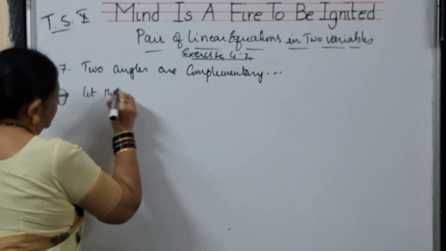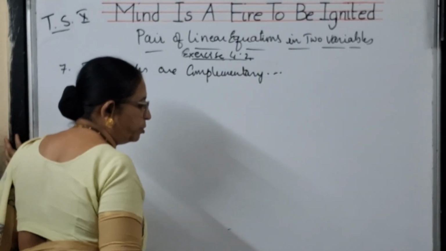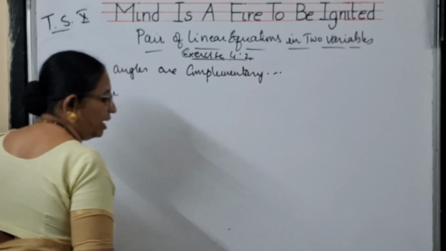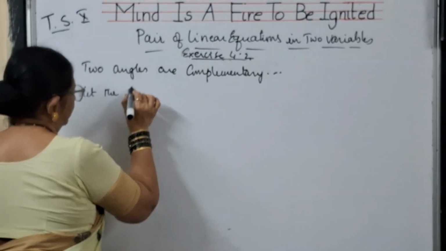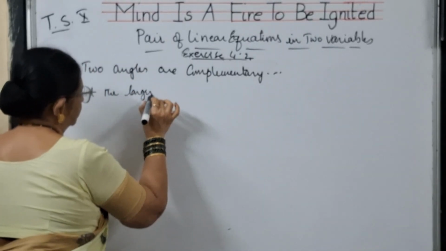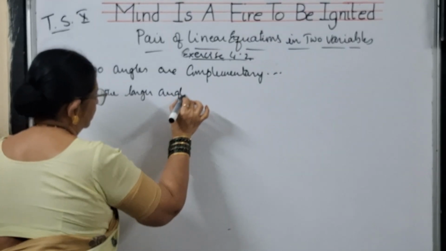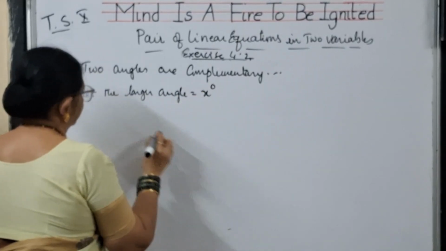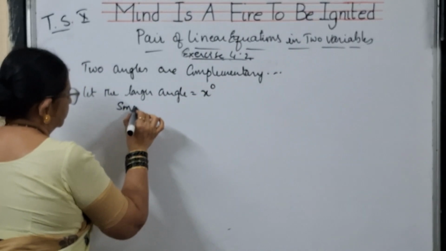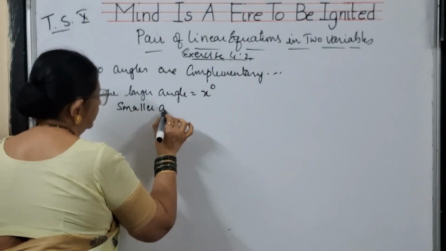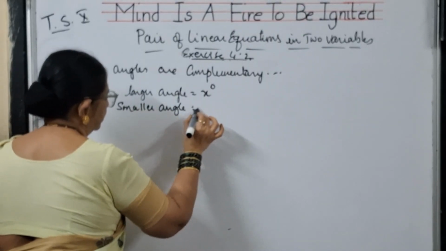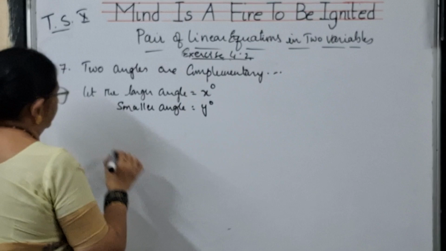According to the problem you have got a larger angle and a smaller angle. Let the larger angle be x degrees, smaller angle be y degrees.